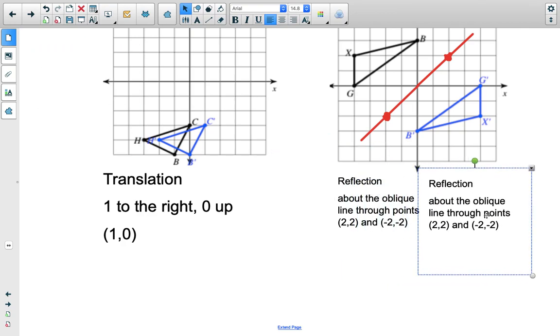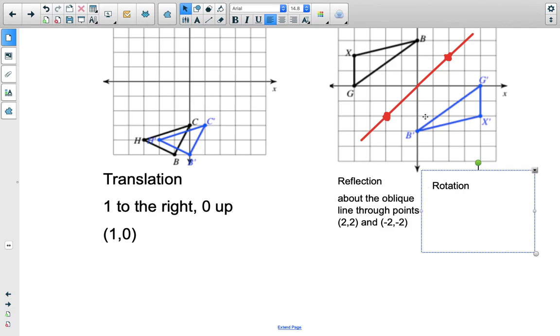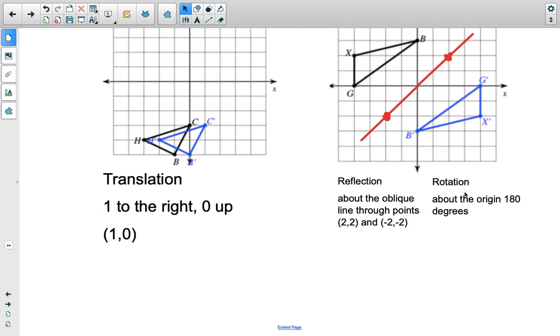If you take a look at it, it would have been rotated. The rotation would have occurred from the origin, so rotation about the origin, and I can see that it's 180 degrees. Now remember, you don't need to add direction for 180 degrees because it's the same either way.